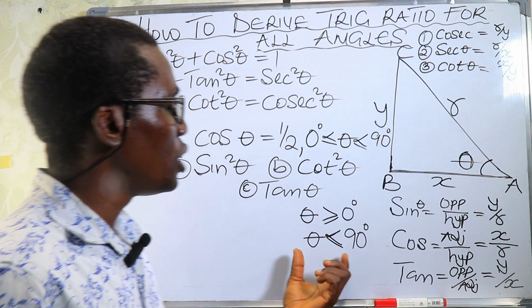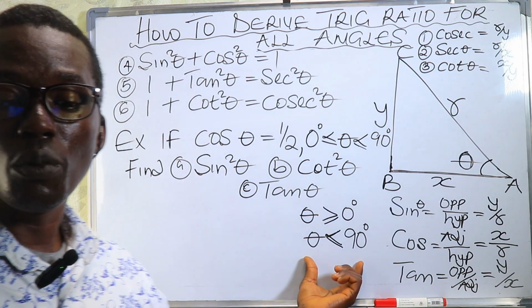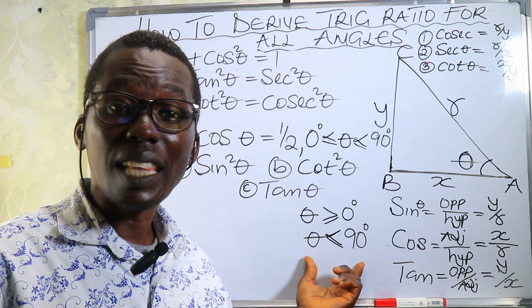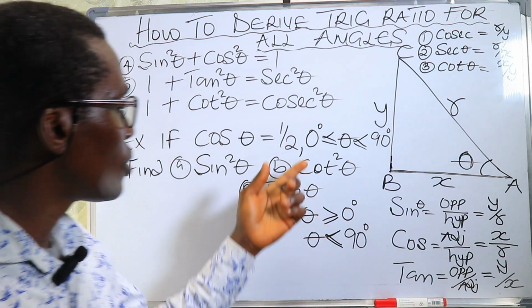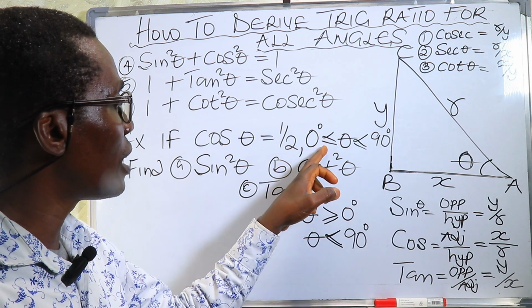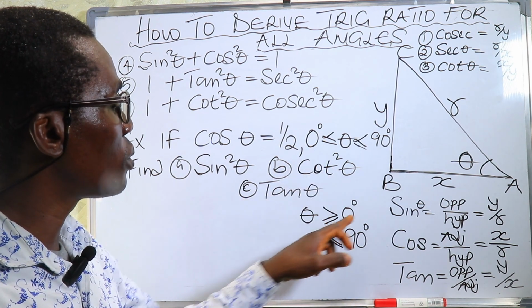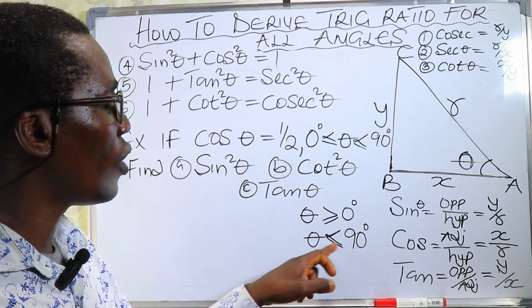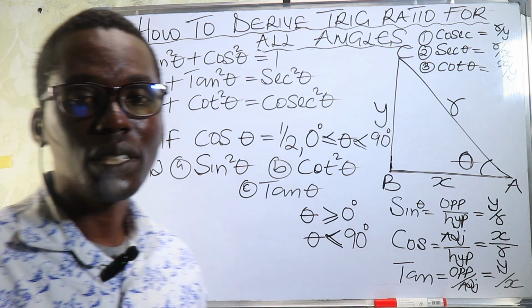That means say your range of angle must be within this range. That's na wetin e mean, because this one mean say theta dey greater than or equal to 0 degree, and e dey less than or equal to 90 degree.